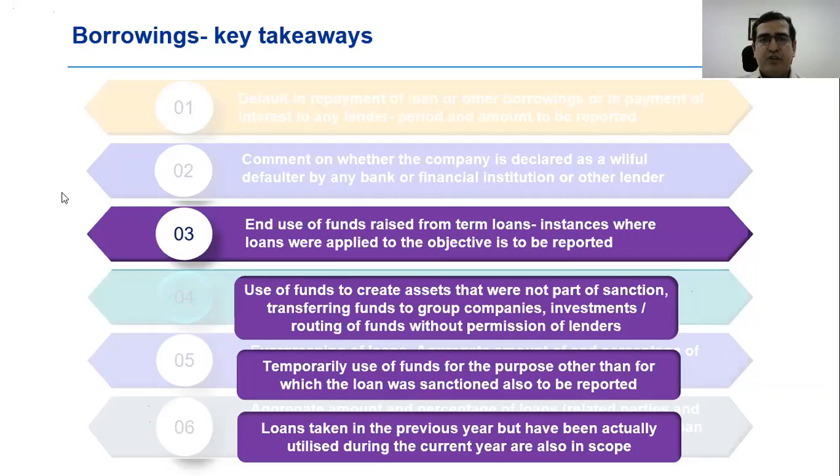The guidance note fortunately does not require that kind of 1:1 correlation. One really needs to look at first, what are all the loans or term loans that have been received? What was the objective of the term loan that was stated in the document of the sanction letter or the agreement?